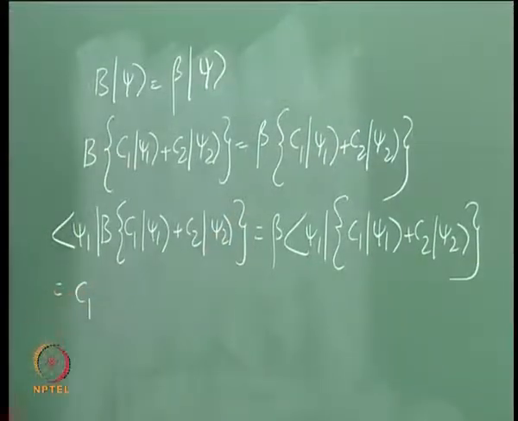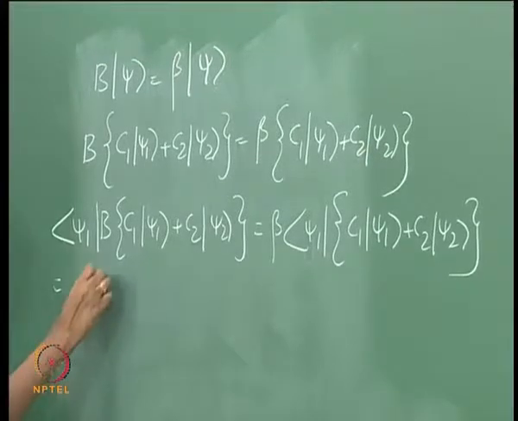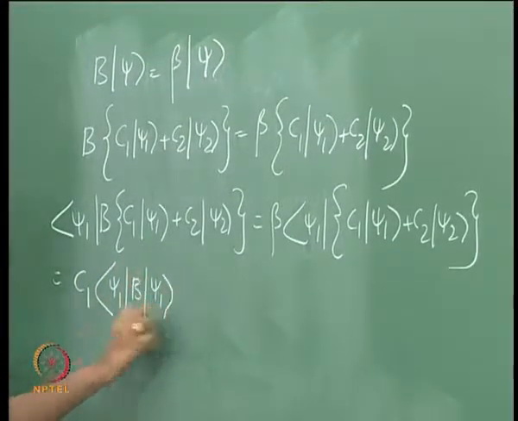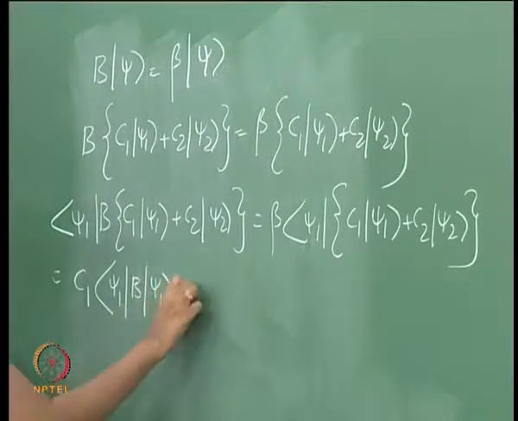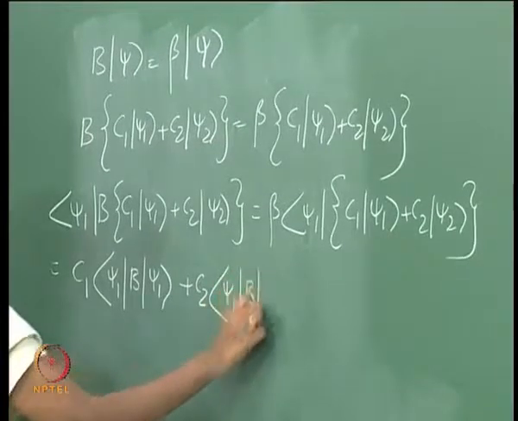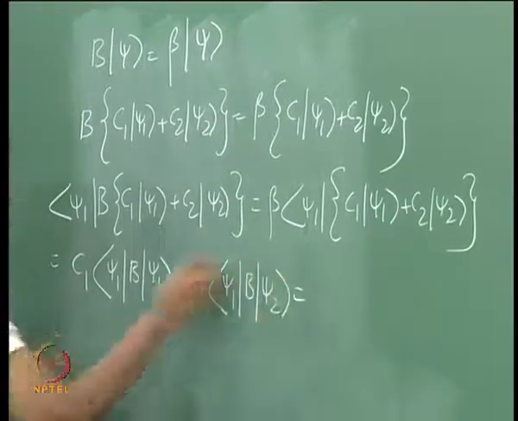C1 is a number which can be pulled out, psi 1 B psi 1, C2 is a number, so the second term gives me psi 1 B psi 2, and that is what I have in the left hand side.